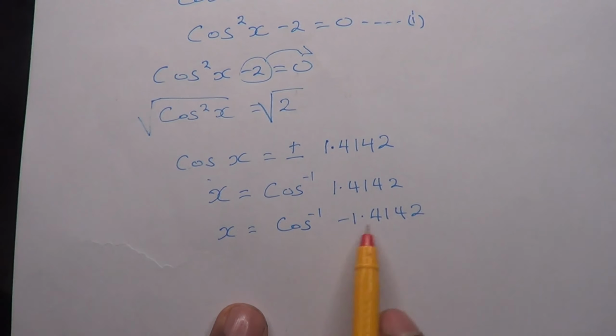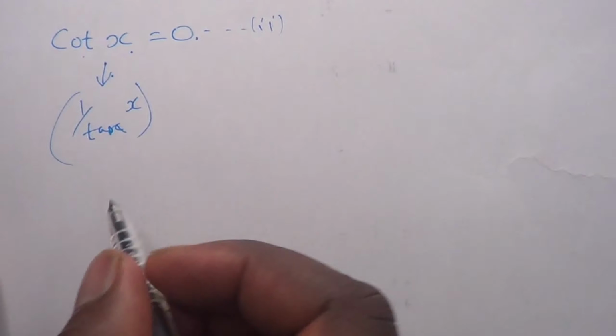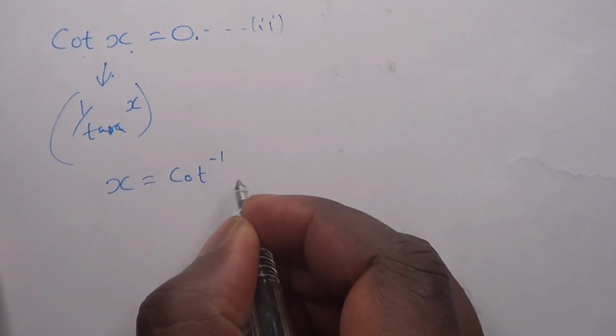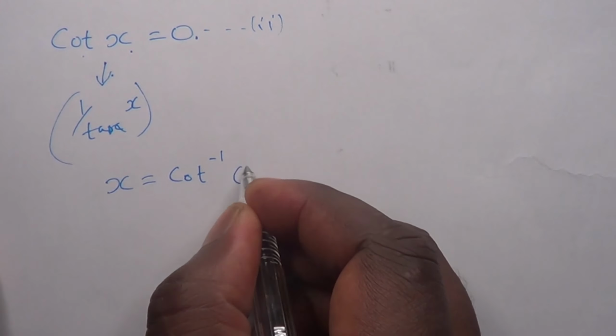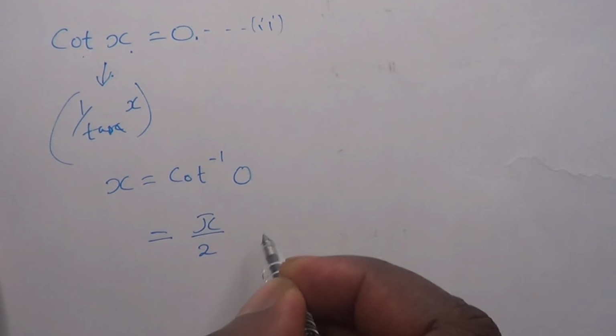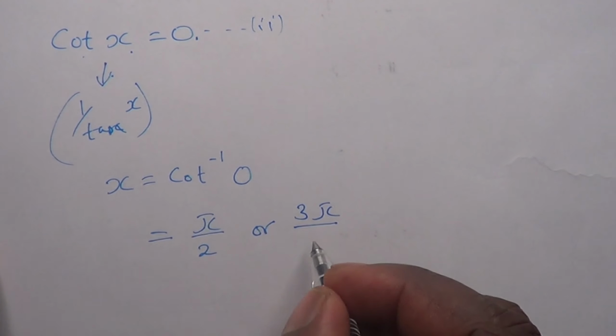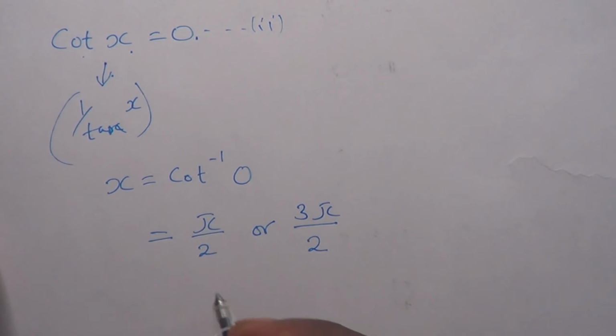So what we are going to do here is find the cotangent inverse. That is x equals the cotangent inverse of 0, which is going to give us pi over 2 or 3 pi over 2, and that is the answer.